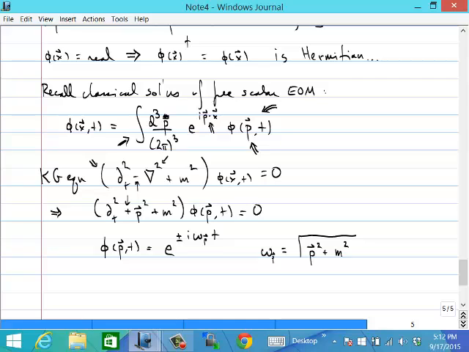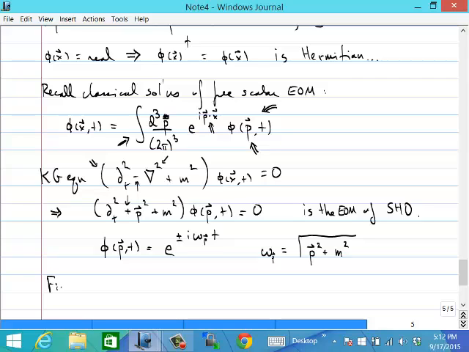In other words, this equation of motion is the equation of motion of a simple harmonic oscillator. And so we see that this field phi can essentially be reduced to a simple harmonic oscillator. But it's not just one harmonic oscillator. It's an infinite number of harmonic oscillators, one for each momentum mode p.